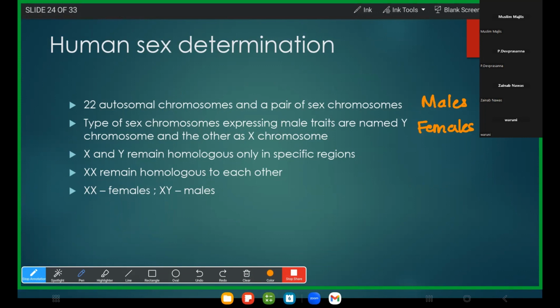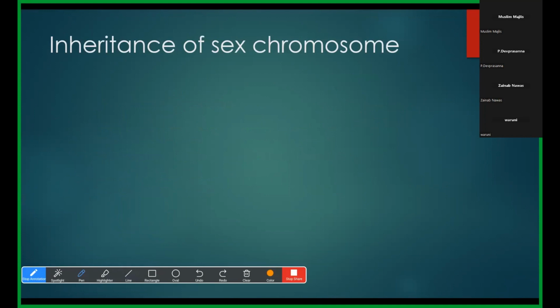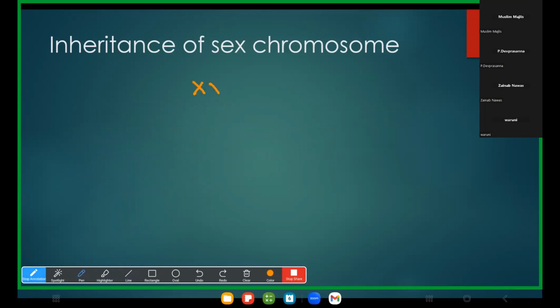So how does this work normally? Normally, the maternal genes contain XX chromosomes and paternal genes have XY chromosomes, and the maternal genes would separate to give X gametes, and the paternal genes would separate to give one X gamete and one Y gamete.